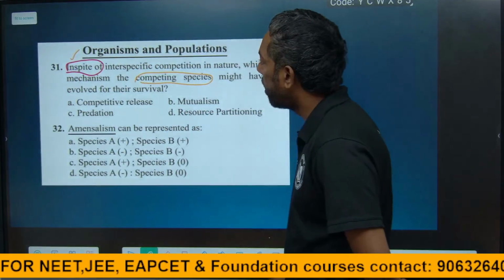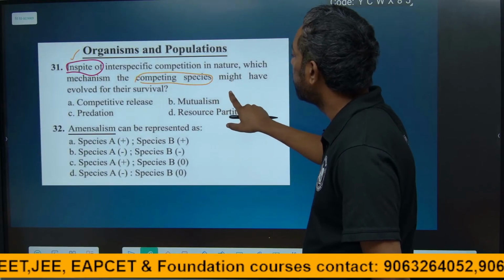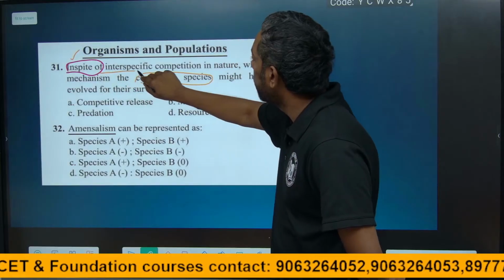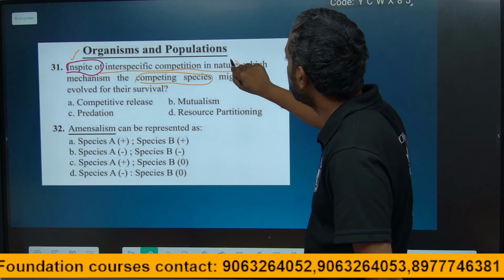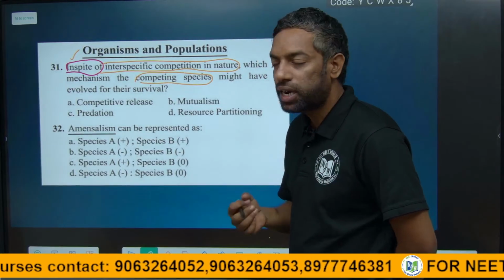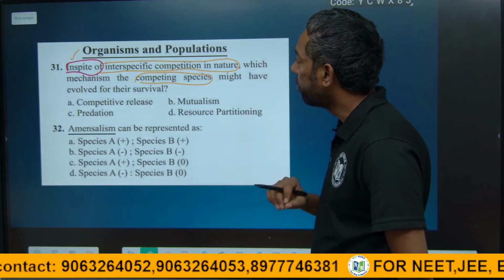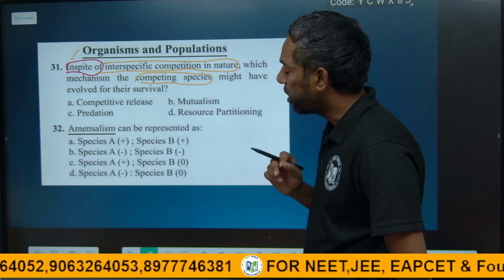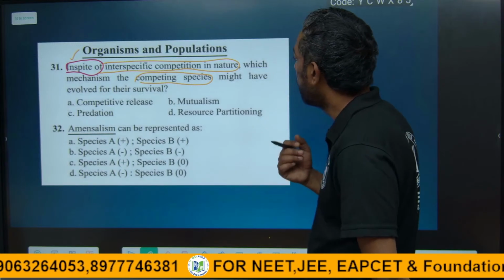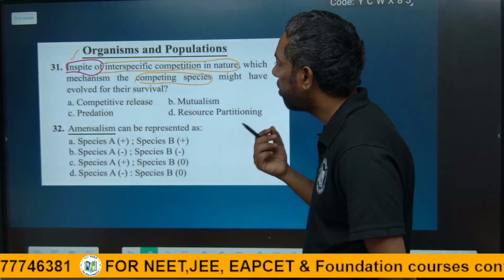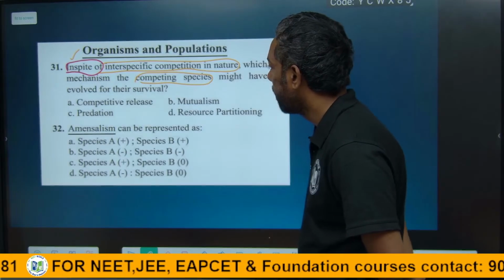In spite of interspecific competition in nature, there are other mechanisms, not within the same target or same resources. Which mechanism might the competing species have evolved for their survival?